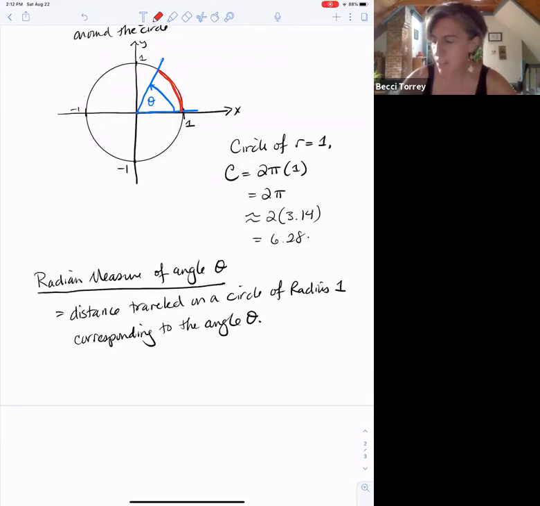If I have an angle of pi, I'm going halfway around the circle, I walk a distance of 3.14 miles. If I have an angle of pi over 2, I'm walking half of 3.14, about 1.5 miles. If I have an angle of 1, no pi's, just the number 1, I've walked 1 mile along the circle. So that's how this radian measure works.